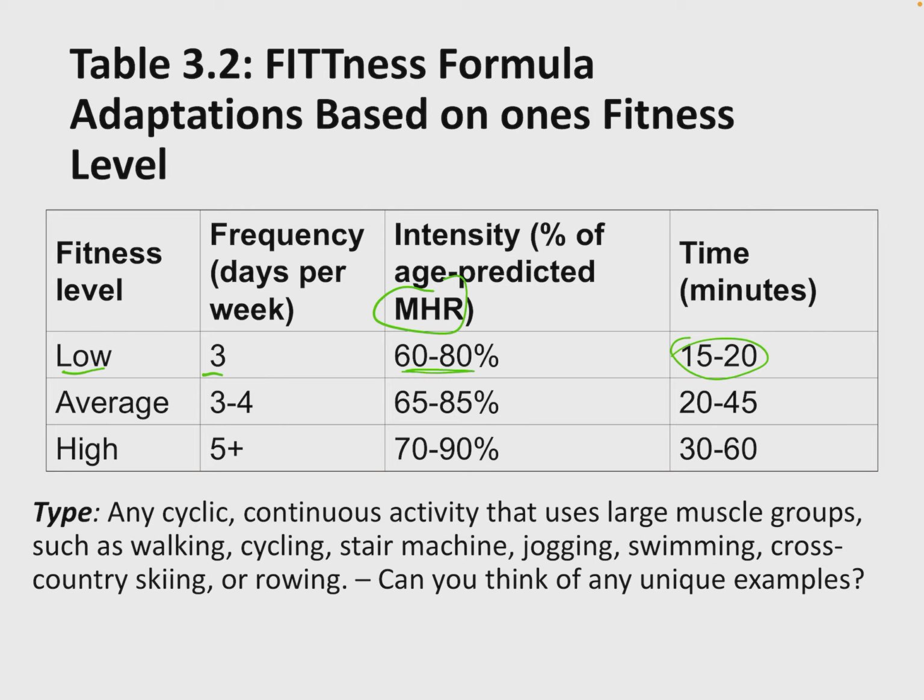So we talked before about our cyclic activities, so repetitive movements using large muscle groups. So other than the common examples here, you can probably think of some other examples that involve repetitive movements and use large muscle groups. Now, if you're swimming, your age predicted max heart rate is going to be a little bit different.